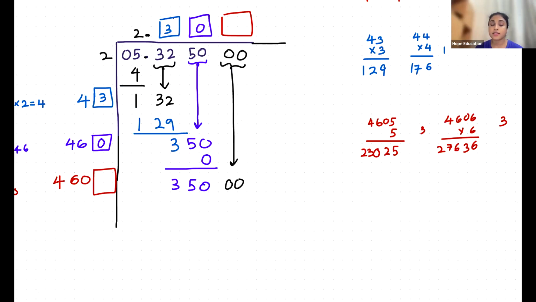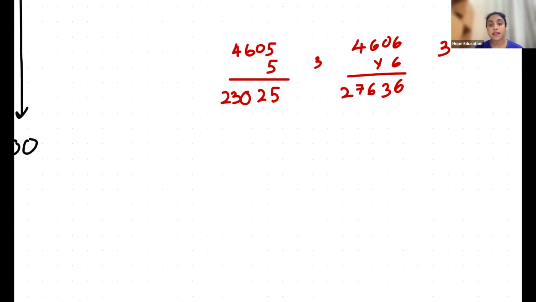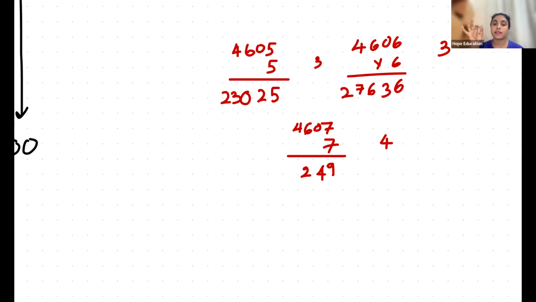Let's put 7 and 7. Then 4,607 multiplied by 7. We will try that. 7 times 7 is 49. 7 times 6 is 42, 4 remaining. 7 times 4 is 28, 29, 30, 31, 32.